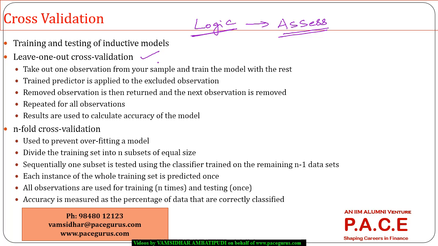One is called leave one out cross validation. It means if I have a sample of 100 observations, I will leave one out. So 99 of them will be part of my training data, and one will be part of my testing data. Take out one observation from the sample and train the model with the rest.